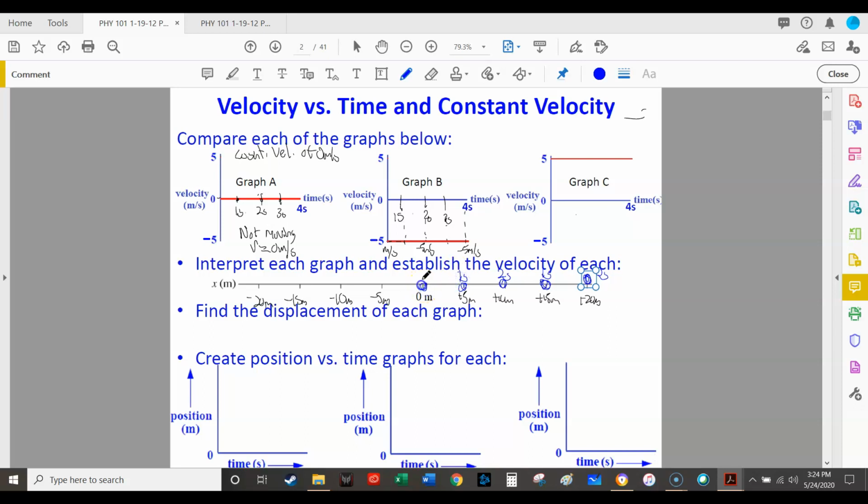And then it's going to be right where we're at, right at the origin.